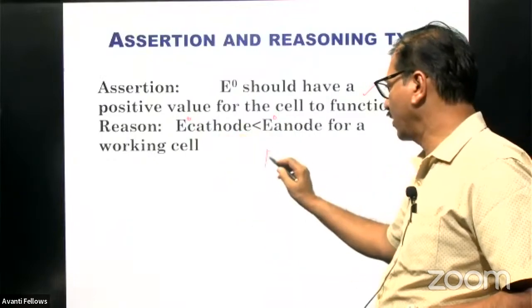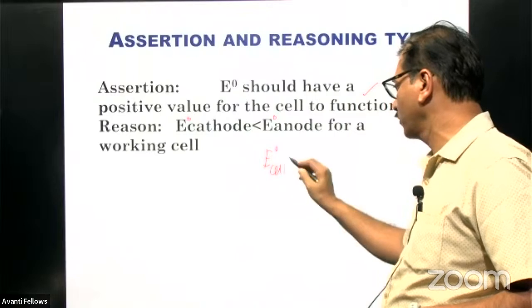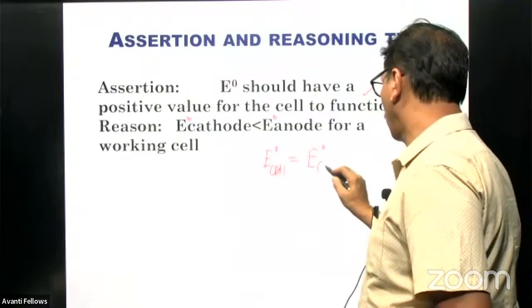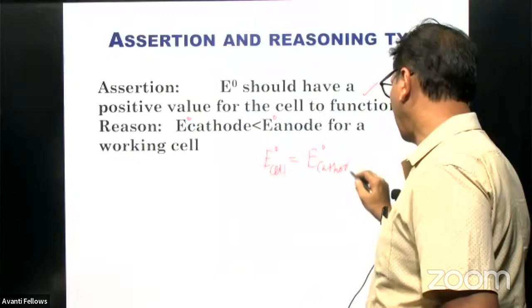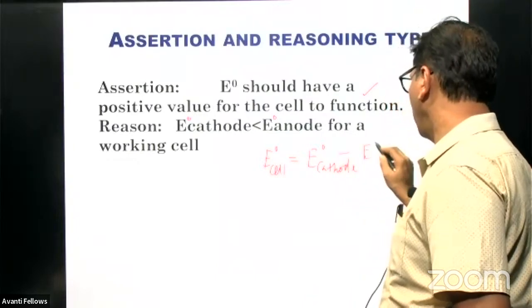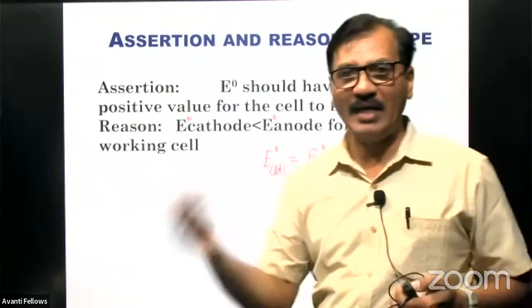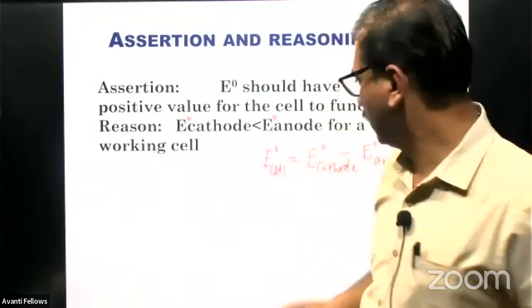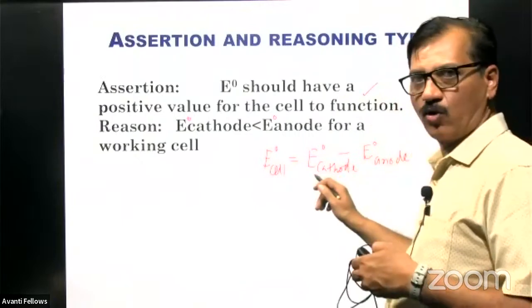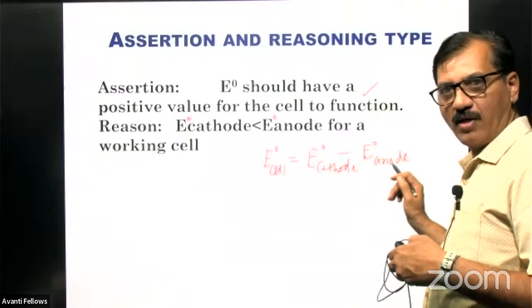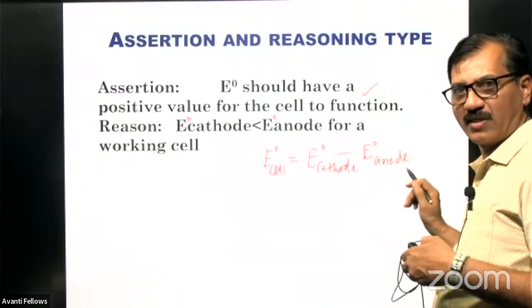So recall this, E0 of the cell is equal to E0 cathode minus E0 anode, that is, E0 right minus E0 left. E0 right is cathode, E0 left is anode, the left half cell being oxidation, negative.